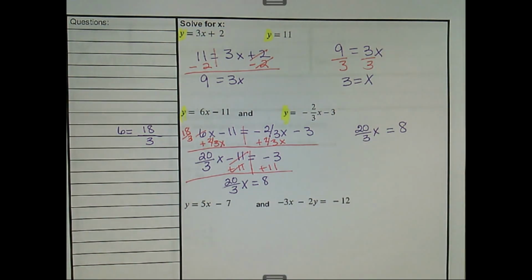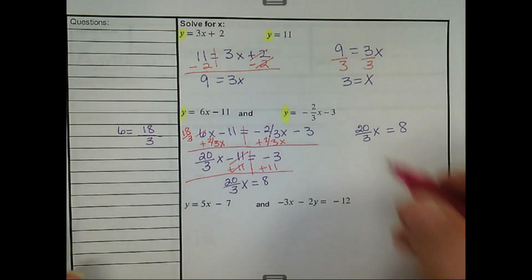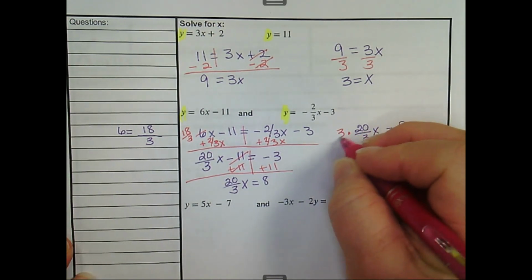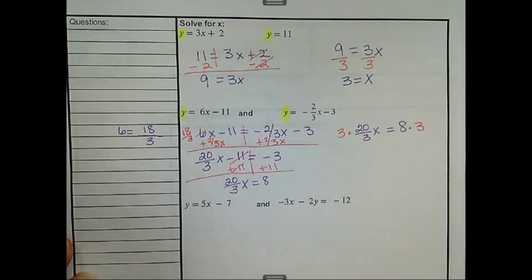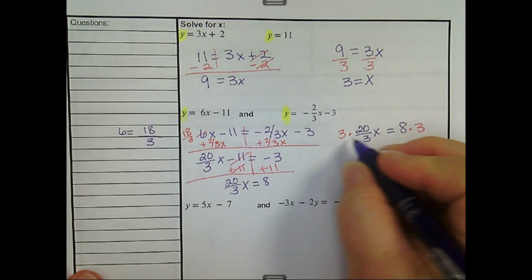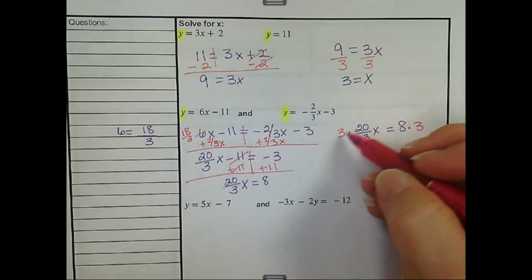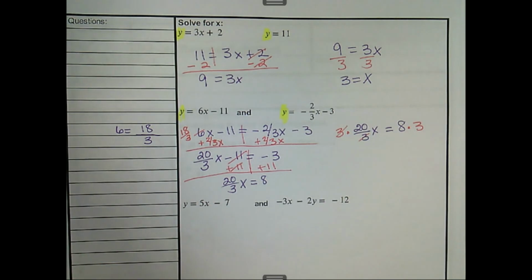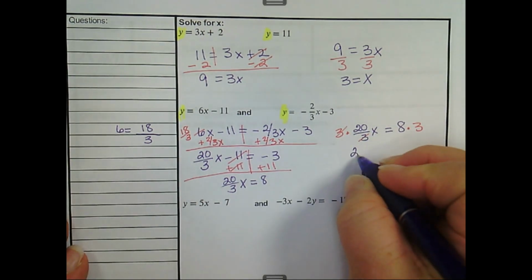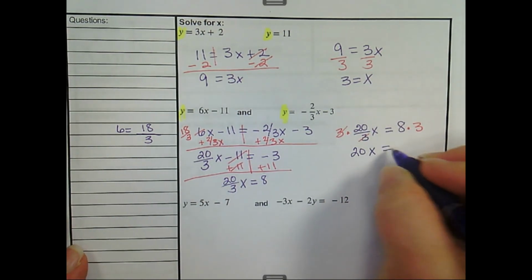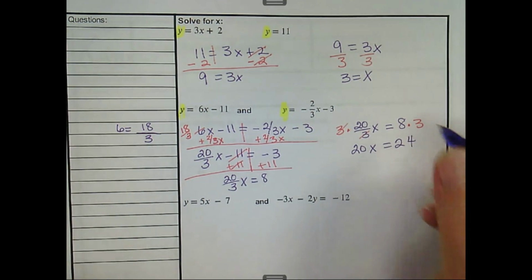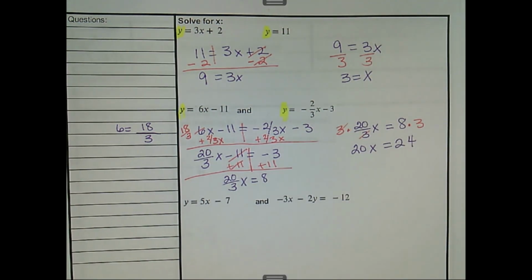For those of you that are still struggling with that idea, here's that extra step that we will do. We will multiply by 3. That eliminates the 3 on this side. 3 divided by 3 is 1. 20x is equal to 24. Now, I've got to divide by 20.